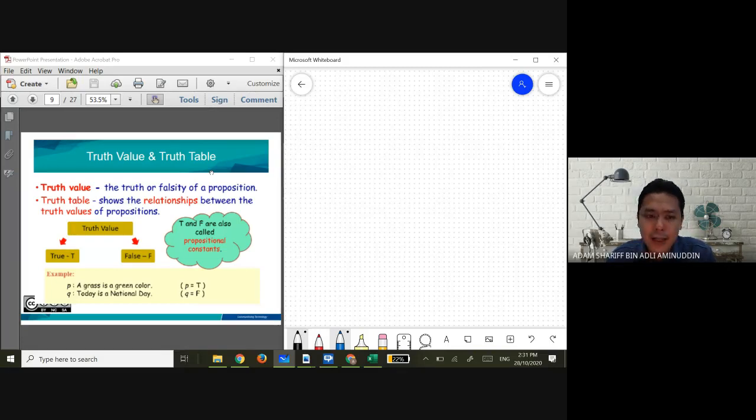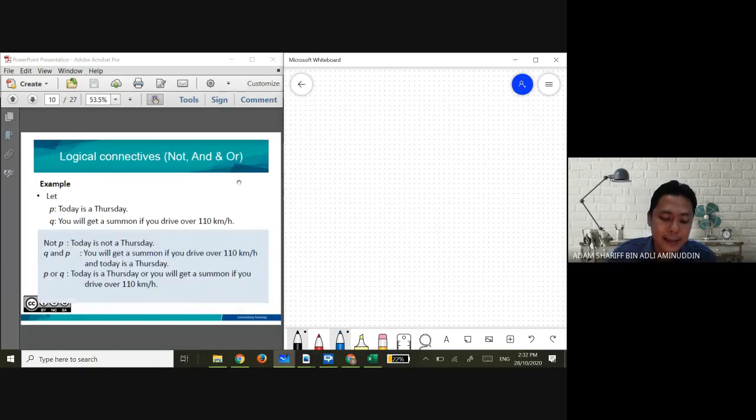It cannot be both. Ingat kepada asas dia balik. And this truth table will show you how to represent those logical connectives, how we compound the propositions, then we can use it to determine many properties afterwards. Okay, bear in mind truth values, T and F sahaja. Okay, ini bosan, saya tukar dulu.